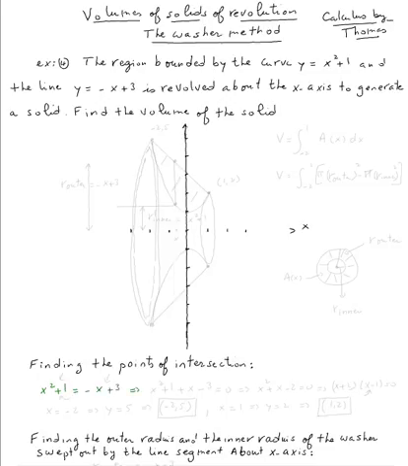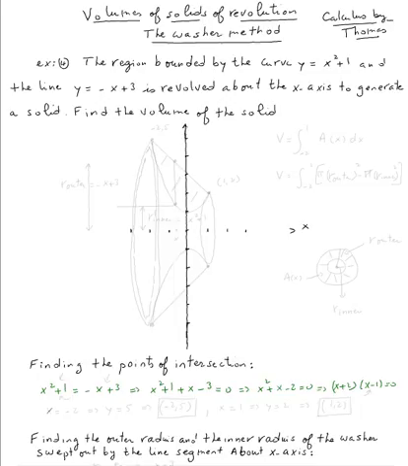To solve for x, we subtract negative x plus 3, so x squared plus 1 plus x minus 3 equals 0, which means x squared plus x minus 2 is 0. To solve this quadratic equation, the easiest way is to factor it. So this is x plus 2 times x minus 1 equals 0. So we got x equals negative 2 or x equals 1.